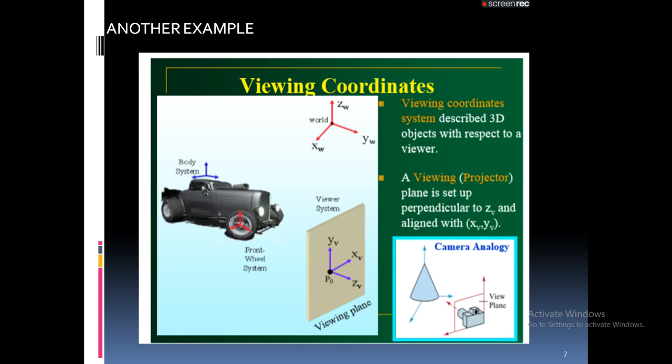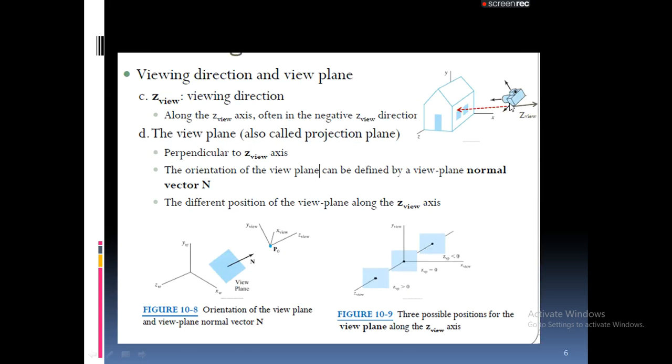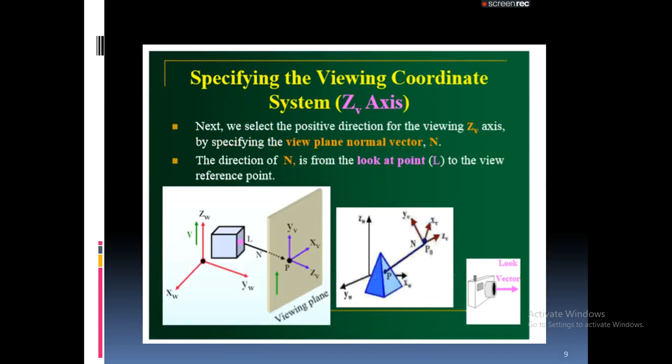As I explained in this slide, our positive z-axis is going outside of the camera or outside of the object. That is what I am explaining here. So we determine the z-axis with the help of the view plane normal vector, right?